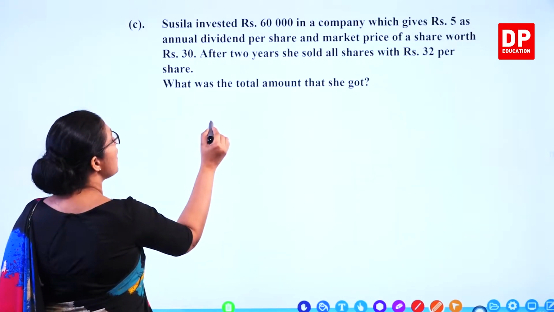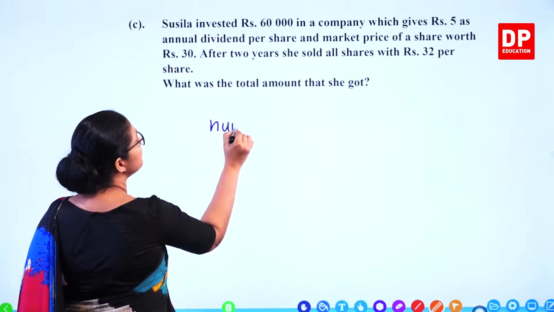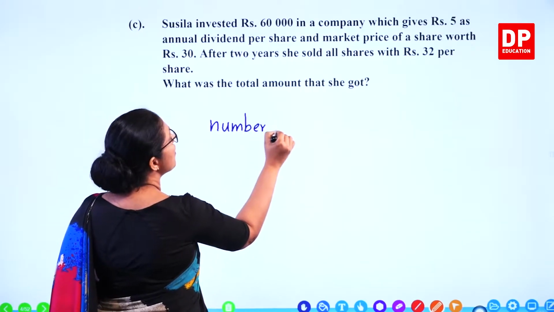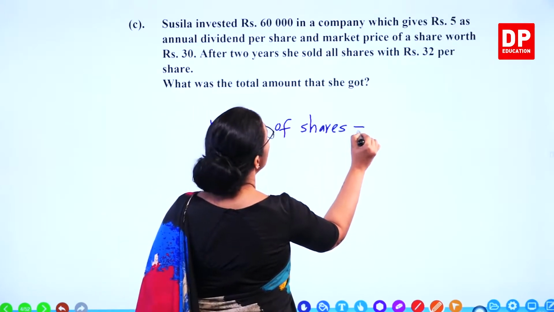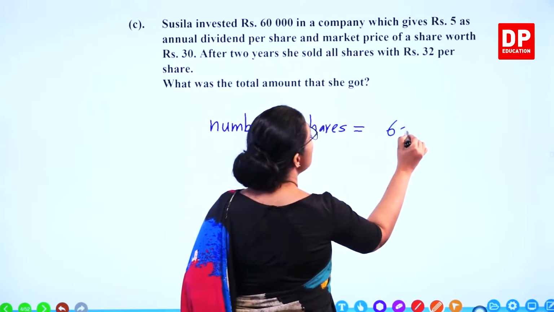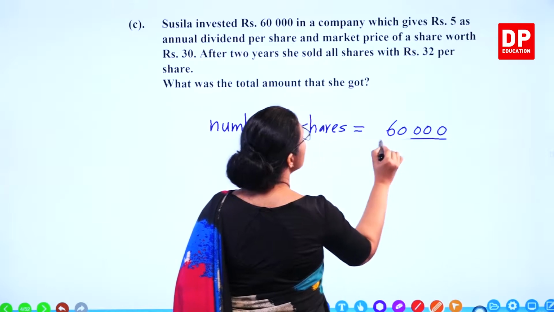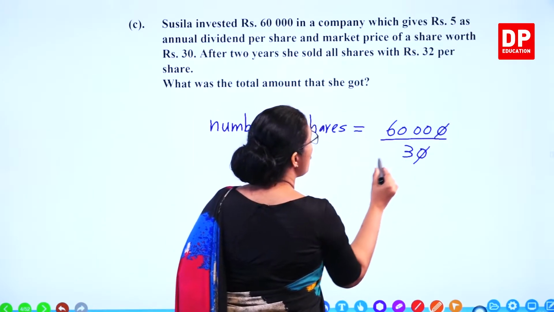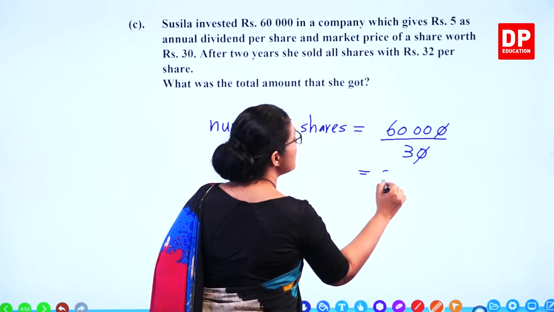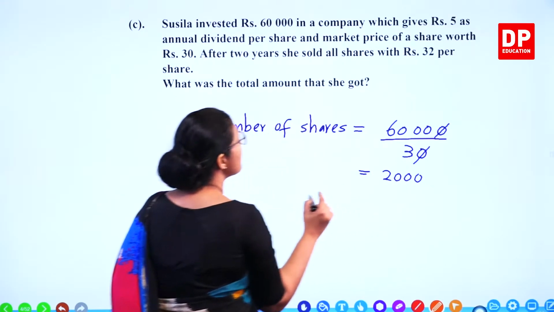So first you can find out number of shares. Number of shares is equal to 60,000 invested. What's the market price of a share? 30 rupees. She bought 6 divided by 3, that's 2,000 shares.